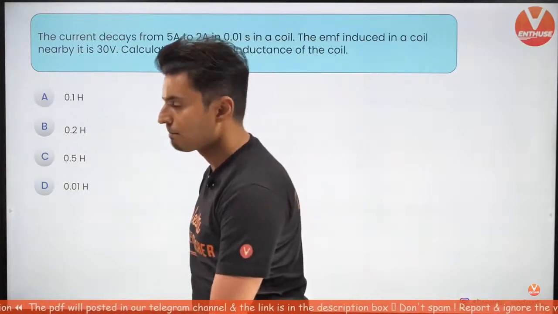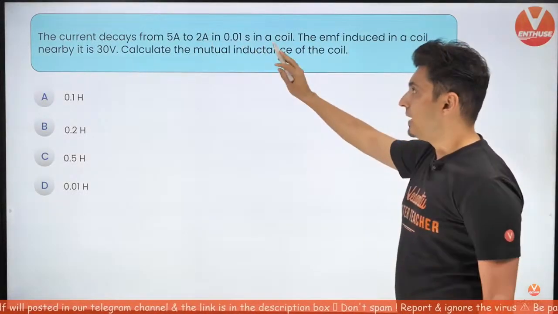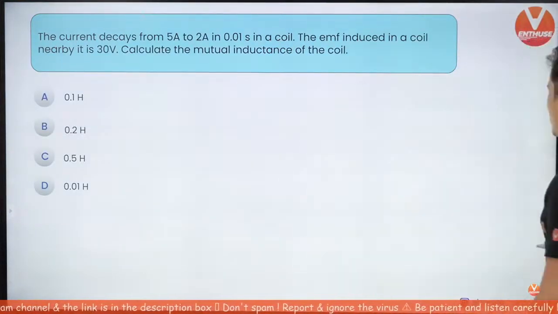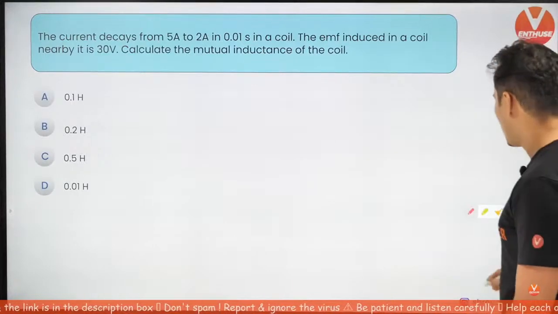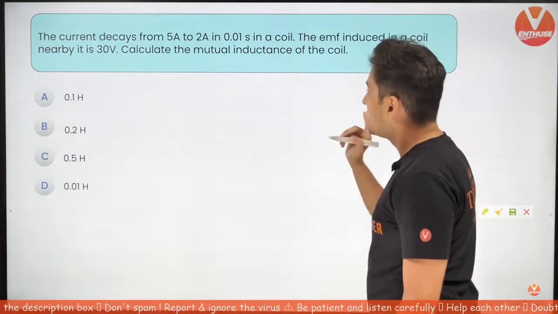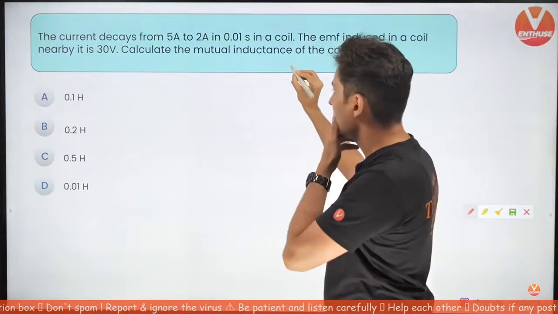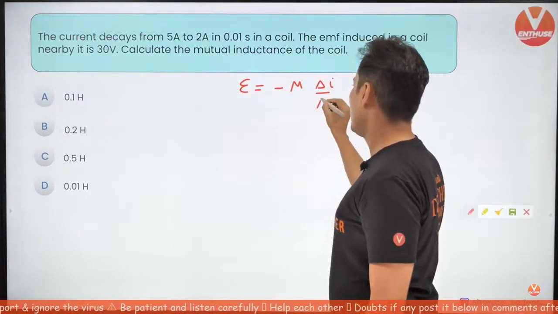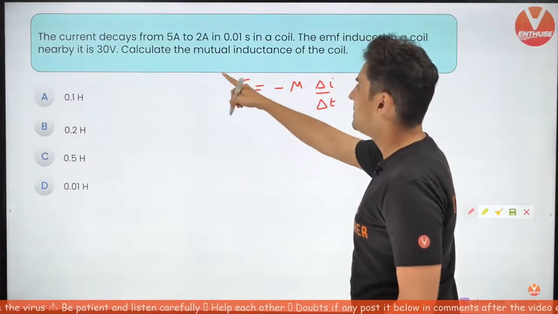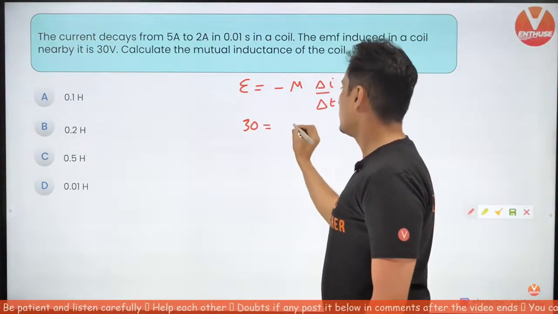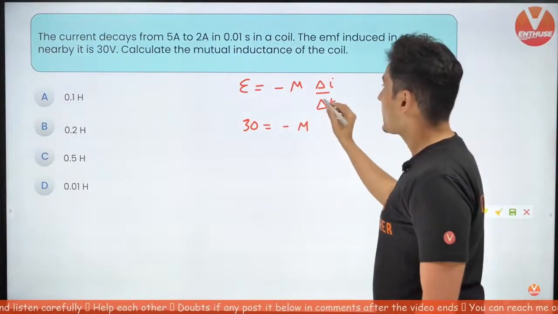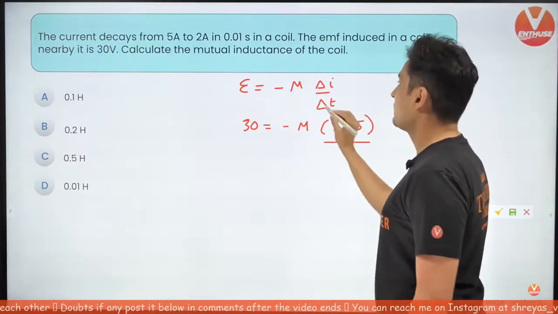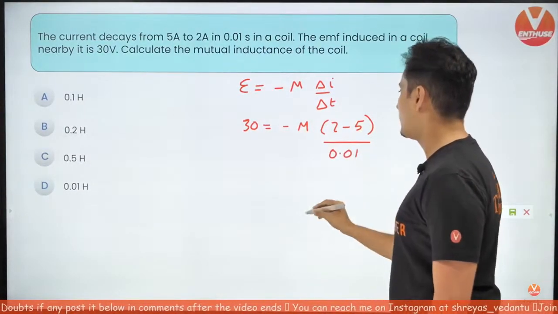Moving on to the next one. The current decays from 5 to 2 amperes in this much time in a coil. The EMF of the coil is this much. What is the mutual inductance of the coil? The current has changed. So because EMF is given, I will just use minus M delta I by delta t. The EMF is given to be 30. The mutual inductance, I don't know. Change in the current from 5 to 2, final minus initial, by the time 0.01.